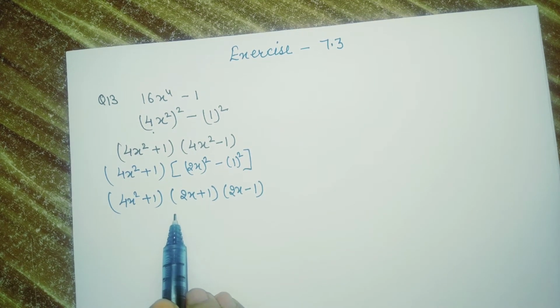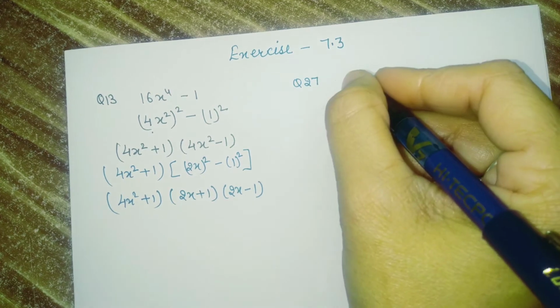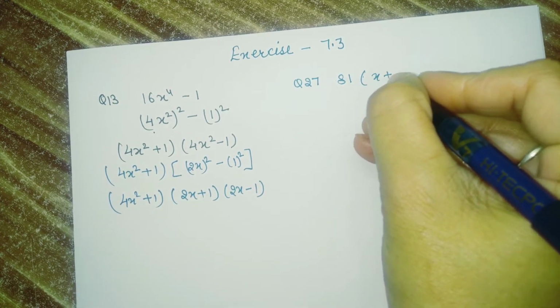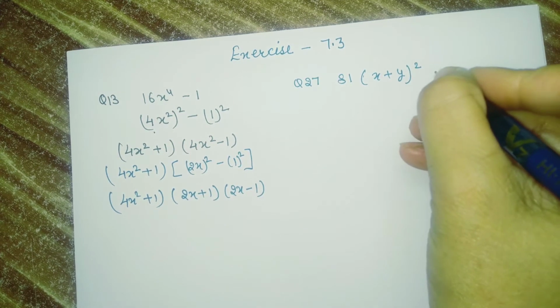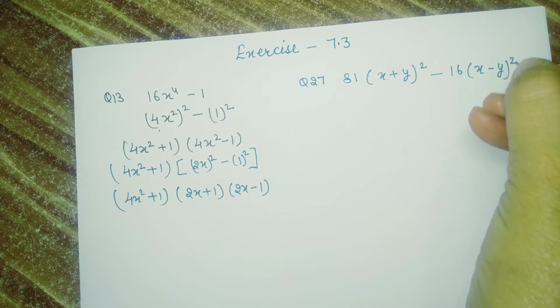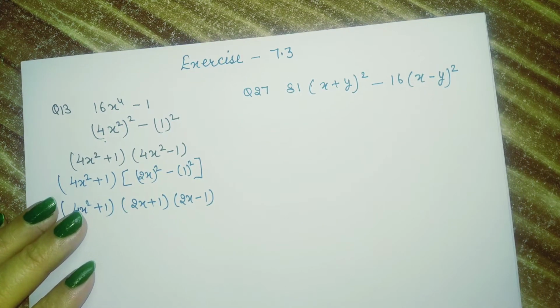So first of all, I will take question number 27. In question number 27, they have given 81 (x plus y) whole square minus 16 (x minus y) whole square. Okay students, now first of all we have to solve this one.